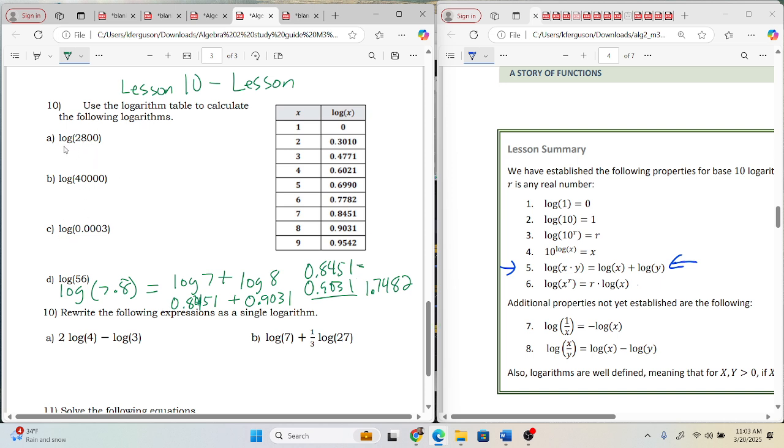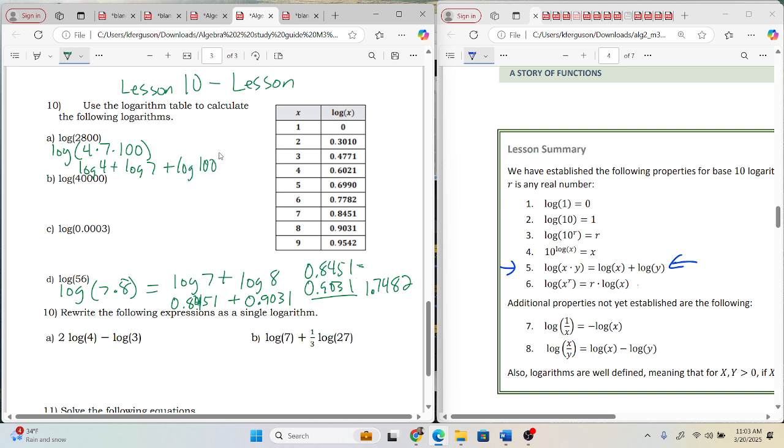So let's look at A. I got log of 2,800. I don't see no 2,800. But what I do see on there is 7 and 4, because log of 2,800 is 4 times 7 times 100. Does everybody follow me there? All right. So I'm going to rewrite this thing as log of 4 plus log of 7 plus log of 100.